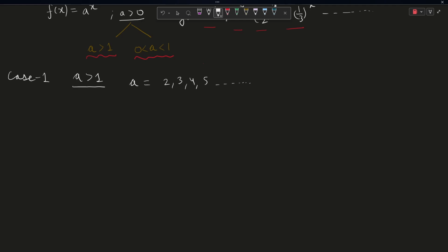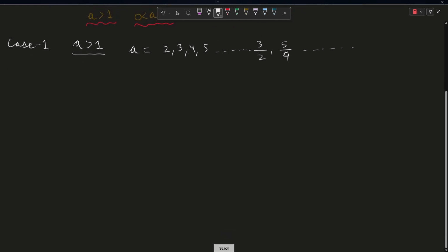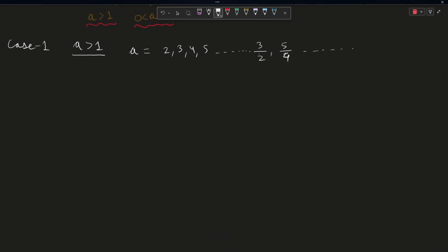The values could even be 3 by 2, or 5 by 4, and so on. What I mean to say is we have to take only those values for which a is greater than 1. So firstly, to construct the graph, we have to take one example.